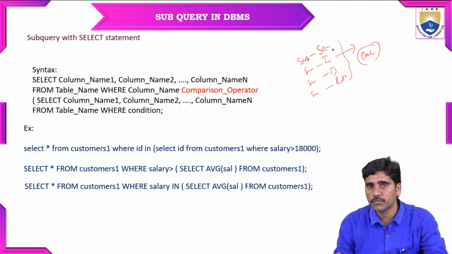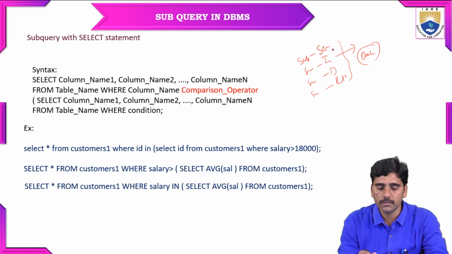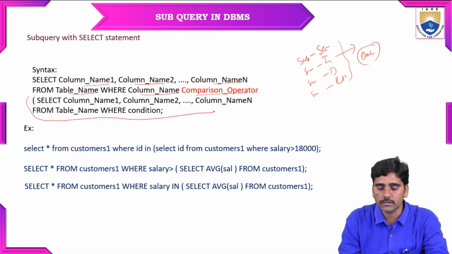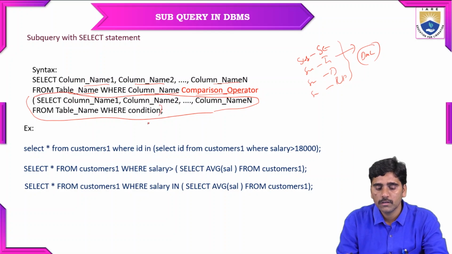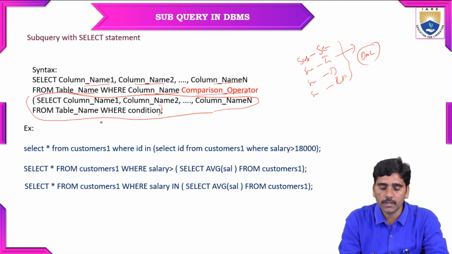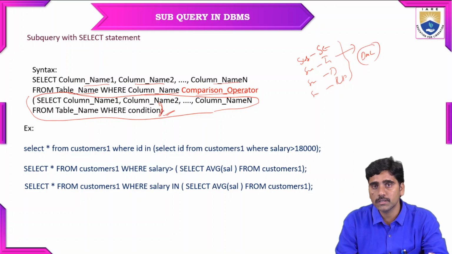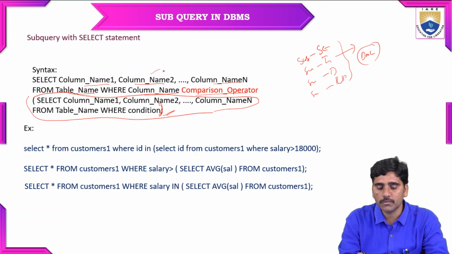To write a subquery, the syntax is: SELECT column name 1, column name 2, up to column name n FROM table name WHERE column name, a comparison operator, and then the subquery.